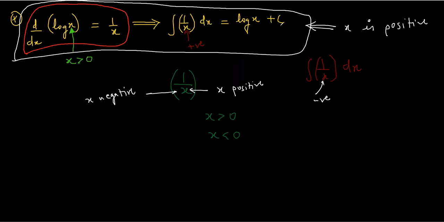So what I'm writing is not getting me the complete integration of 1 upon x. If you write integration of 1 upon x as log of x, it is only the integration for positive x in 1 upon x. So what should I do for that? I will tell you. See, we will have here some cases.